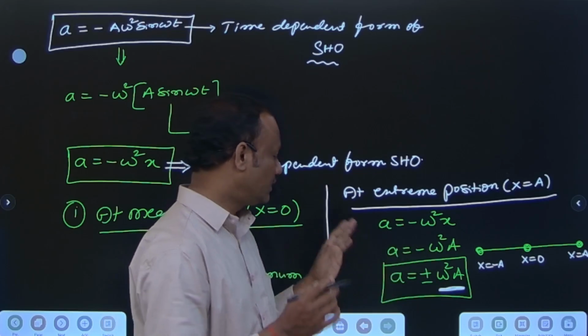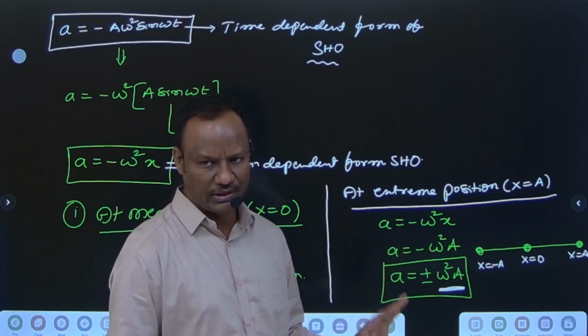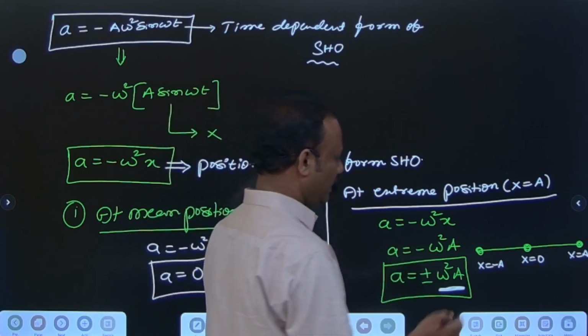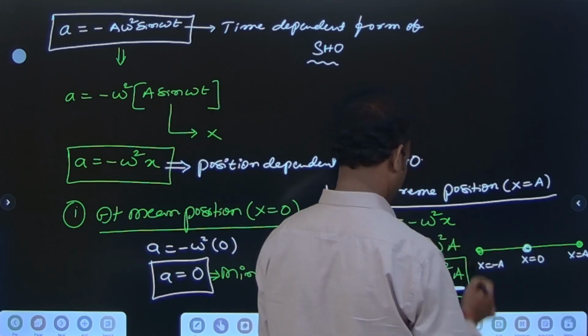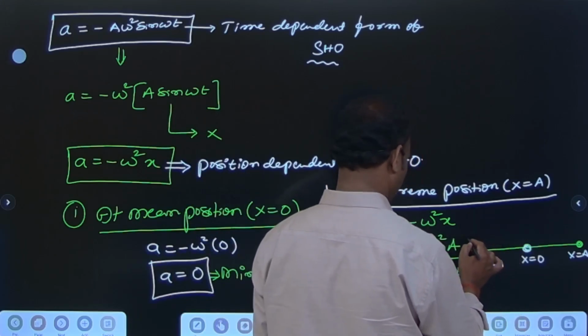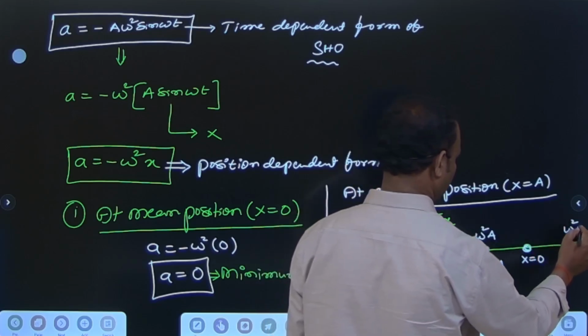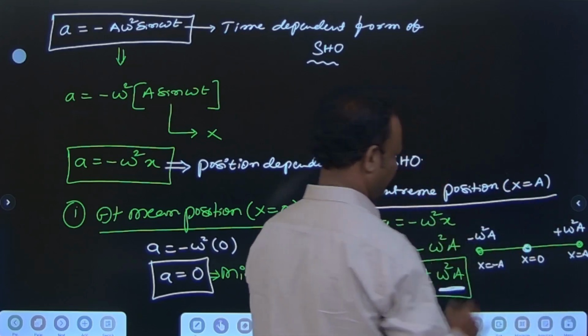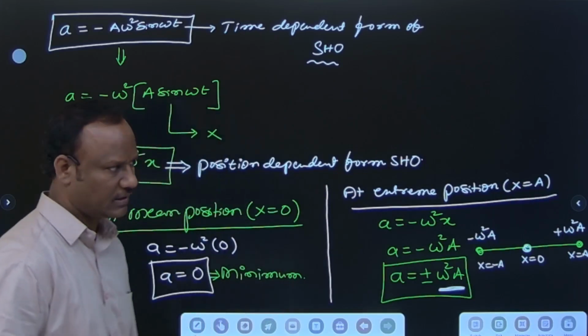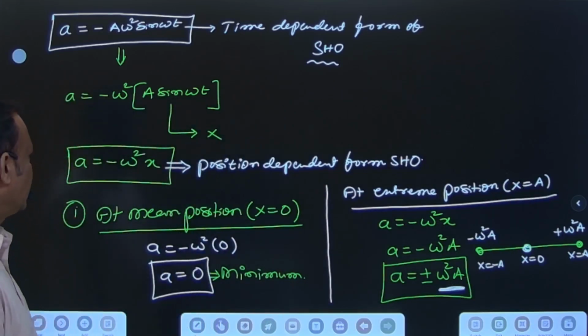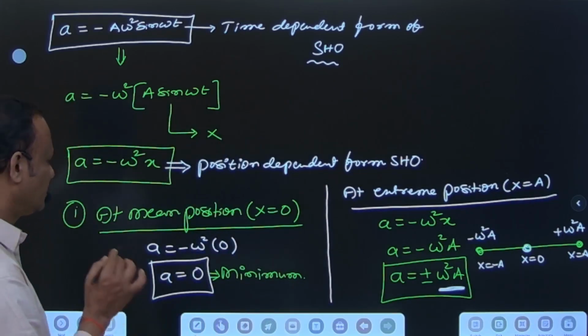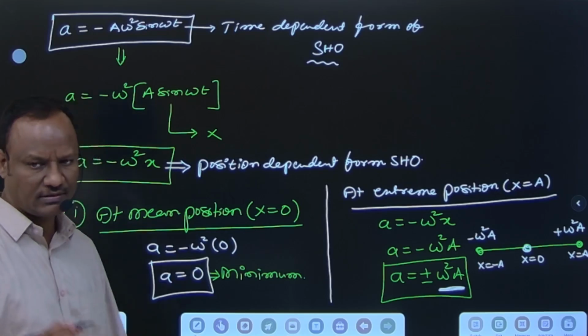You don't say it's a negative value and positive value, it only shows whether it is left or right from the mean position. So this I can say minus omega square A, and this plus omega square A. This is at extreme position, where it is maximum and where it is minimum.